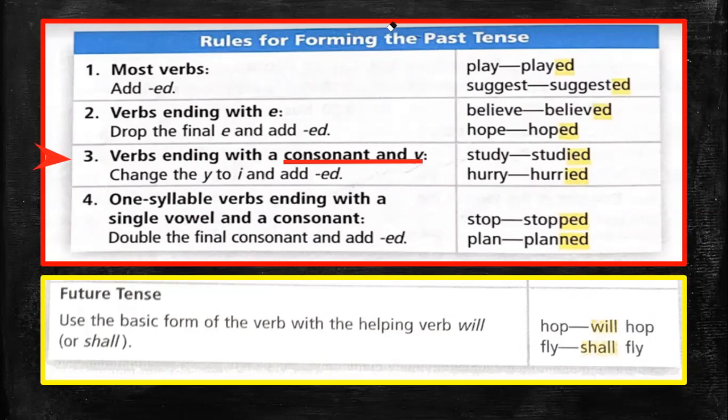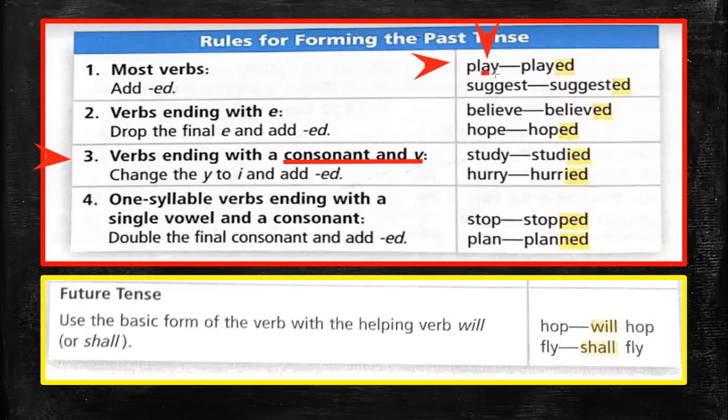If you take a minute and look at the verb play, play is also a verb that ends in Y. But when you look at the letter before the Y, which is A, you realize that A is a vowel. It's not a consonant.